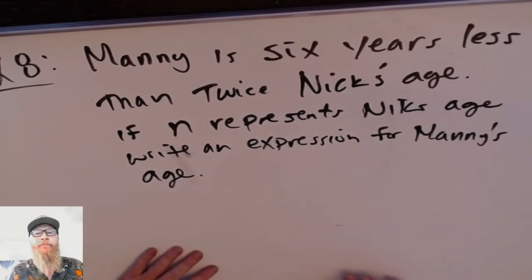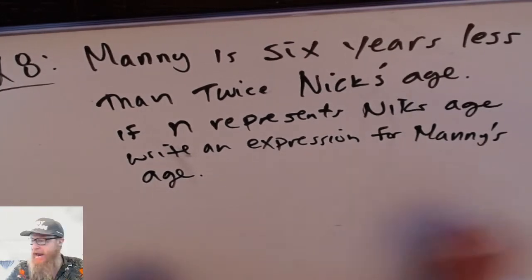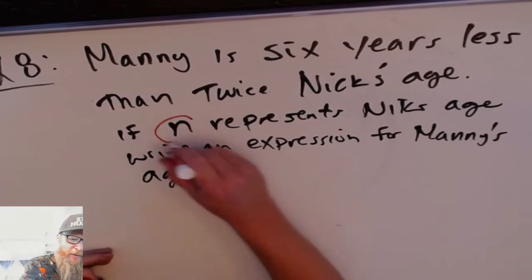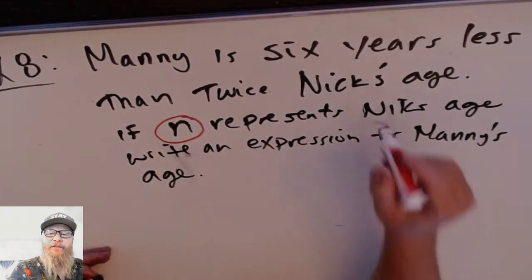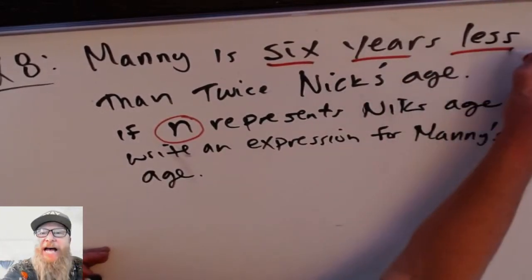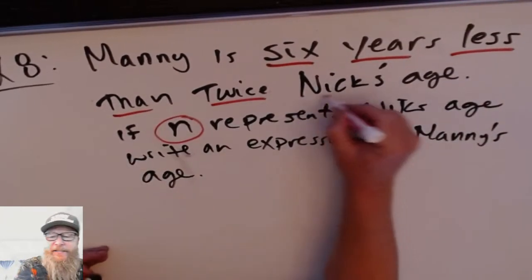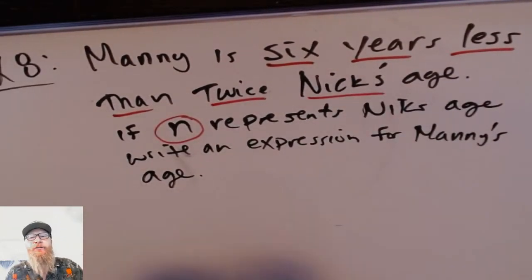All right. So we have N as our variable. This one's getting a little tougher. 6 years less than twice Nick's age.